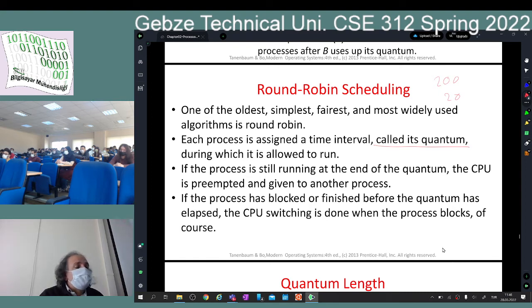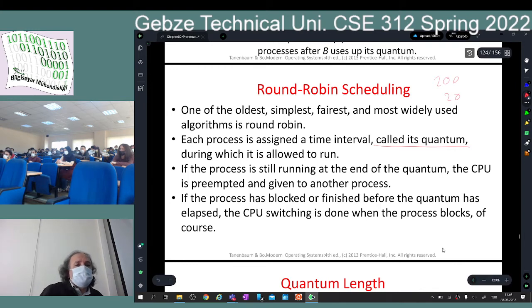Because timer interrupts are so important. I keep timer interrupts to do things for virtual memory and input-output device processing, etc. So timer interrupts are not just for preemption. There are many other things that I am doing with the timer interrupts, and we will see them when we look at chapter number 3.